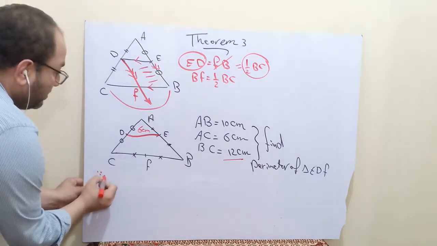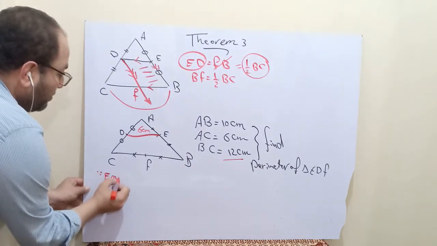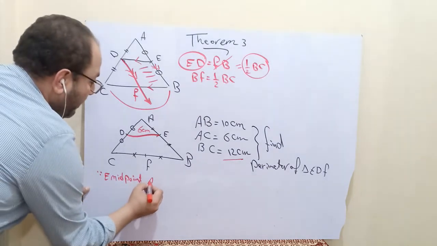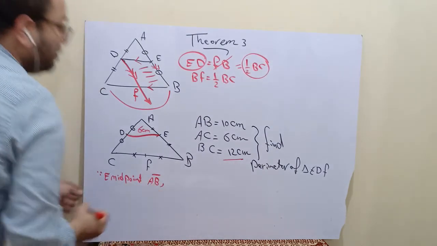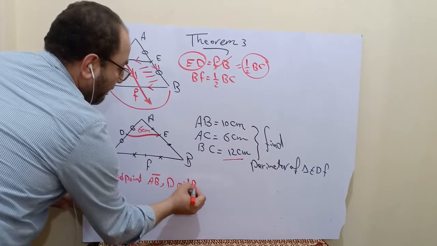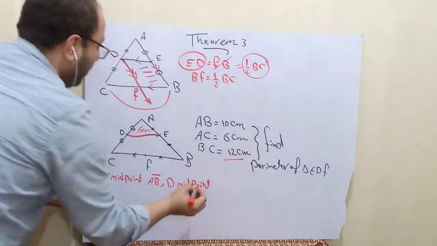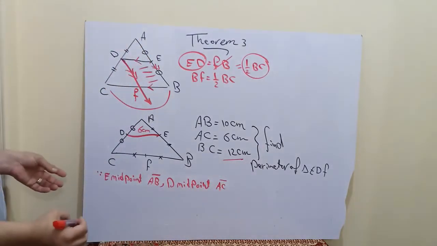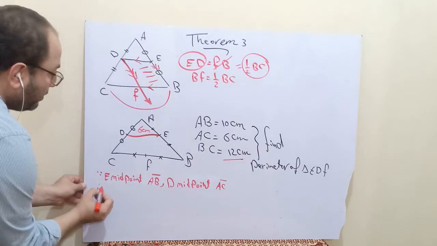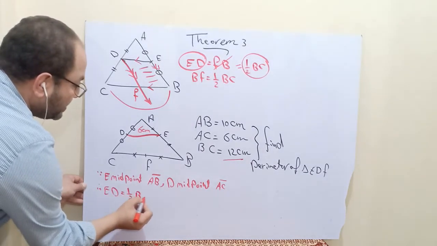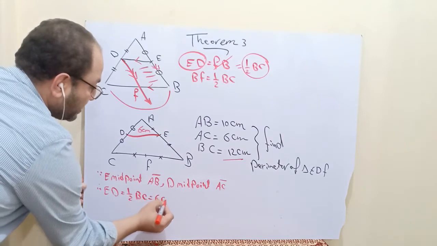Since E midpoint of AB, D midpoint of AC, therefore ED equal half length of BC equal 6 centimeter.